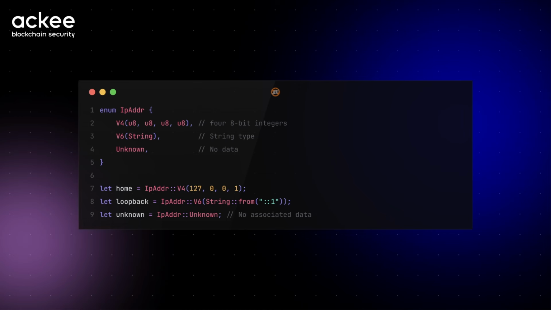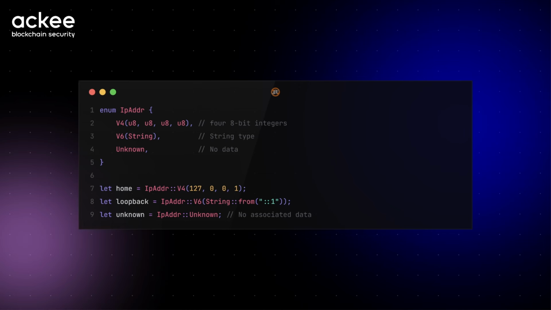First one is v4, which inside contains 4 8-bit unsigned integers. Then the v6, which contains a string, and we have an empty variant, which contains only the information that the IP address is actually unknown. From line 7, so lines 7, 8, and 9, on line 7 we create a variable called home, which is IP ADDR. The variant is v4, and we specify the values that are going to be included within this variant.